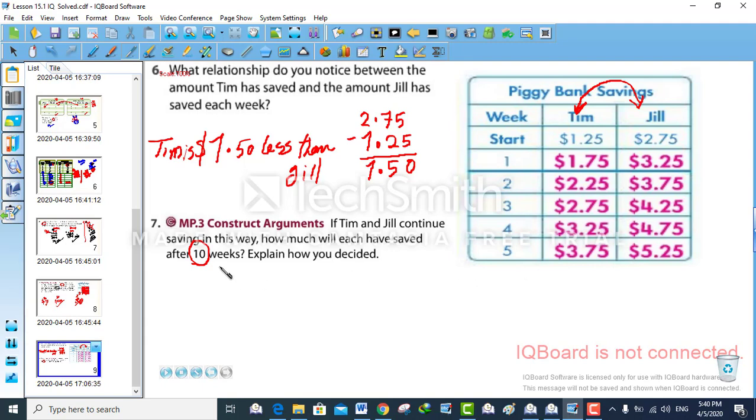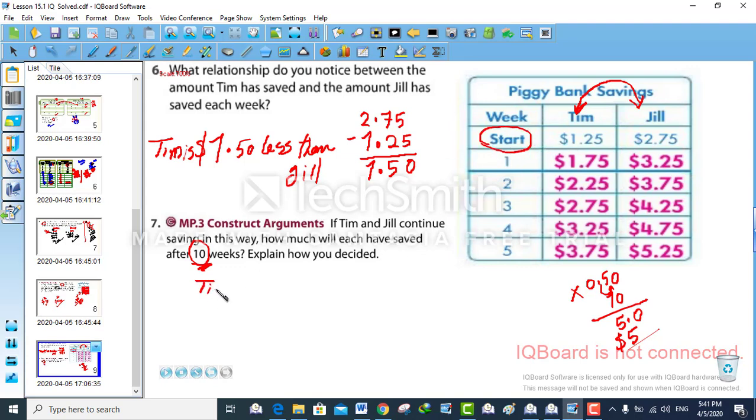So let's just multiply the 10 by the amount we save each week, which is 0.50, multiply by 10, move the decimal one step, so the 0.50 will be 5.0, or we can say $5.